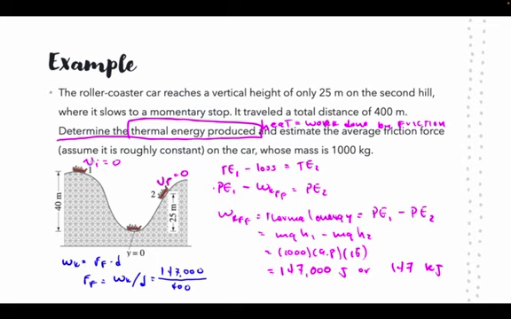Now, careful. The displacement of the cart is just this straight line right here. But the cart did not travel through air, and friction is the force of contact between two surfaces. So then friction acted on the cart throughout all this distance right here. And this distance is 400 meters. So which is why I'm dividing it here. So the force of friction is 147,000 divided by 400, which is 367.5 newtons.